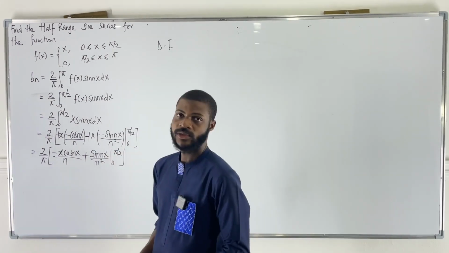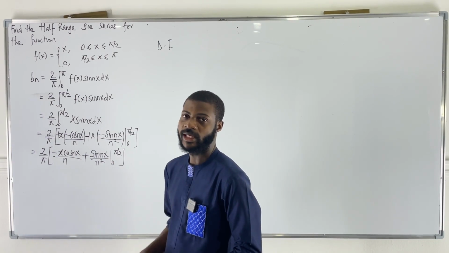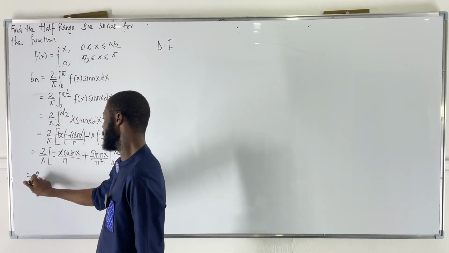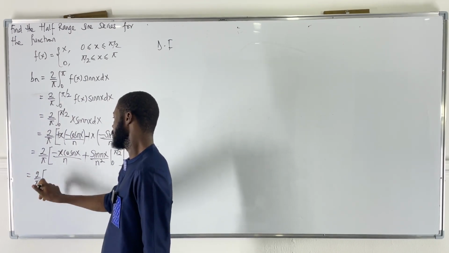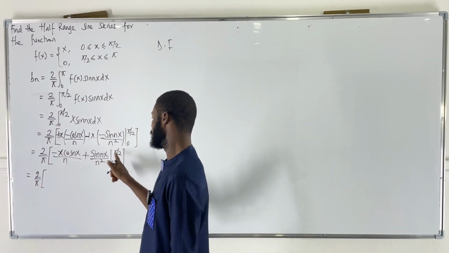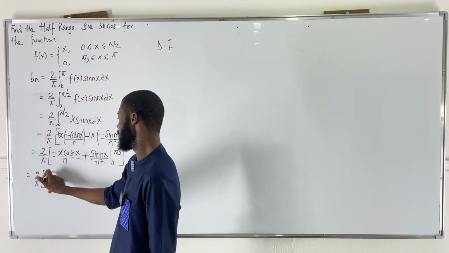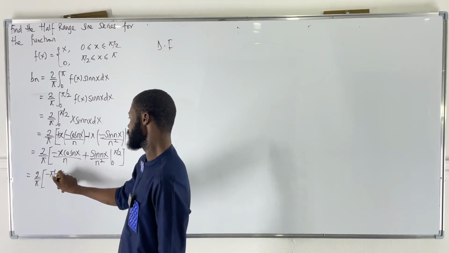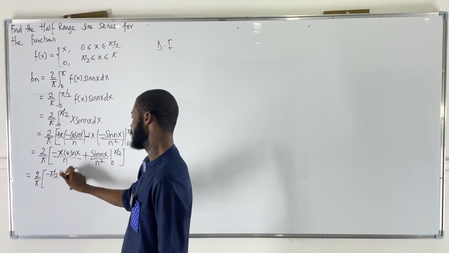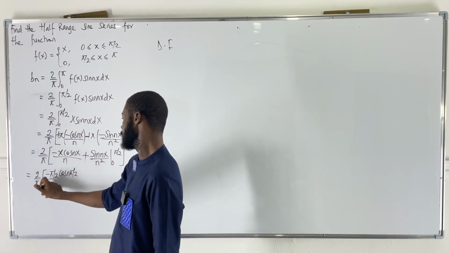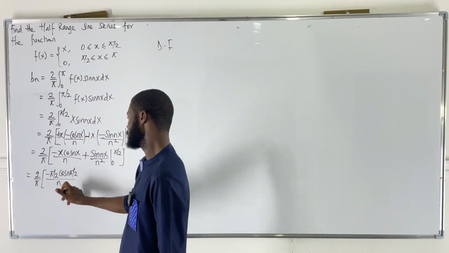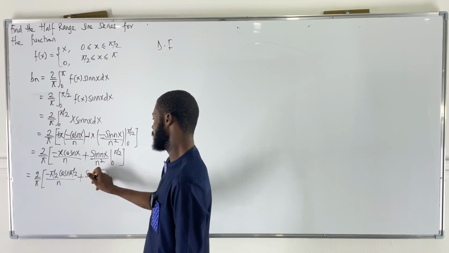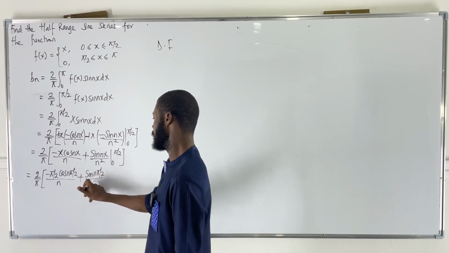The next thing for us to do is to evaluate our limits. So this will be 2 over pi. Anywhere we see x, we're going to put pi over 2. So this will be minus pi over 2 cos n pi over 2 all over n, plus sine of n pi over 2 over n squared.